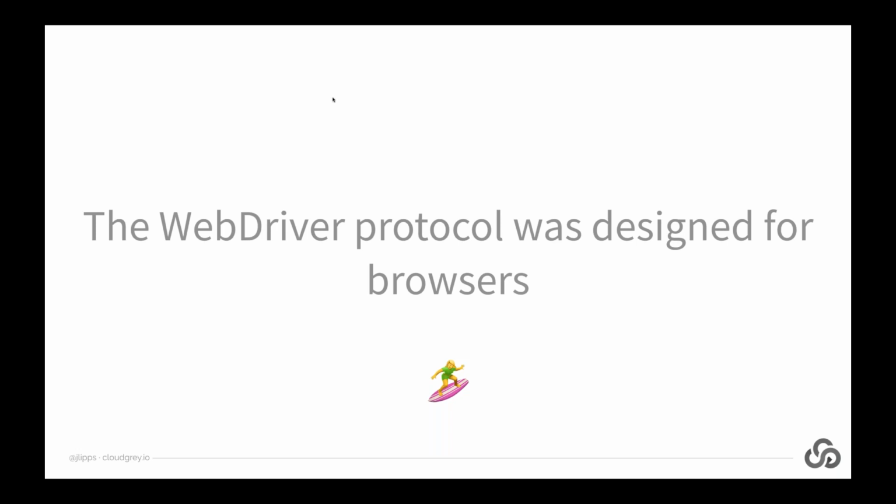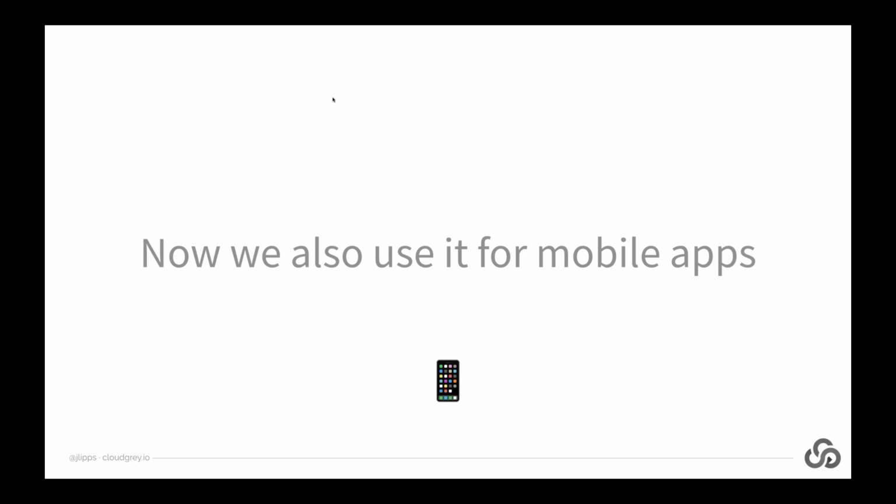The WebDriver protocol, as you can tell in the name, was originally designed for automating web browsers. And it's already the case that Appium uses this same protocol to automate mobile applications. We simply extended it in a few ways and added some additional capabilities.